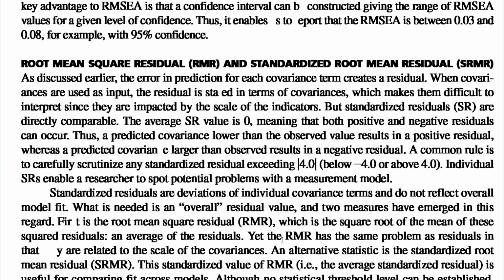The average standardized residual value is 0, meaning that both positive and negative residuals can occur. Thus, a predicted covariance lower than the observed value results in a positive residual, whereas a predicted covariance larger than observed results in a negative residual.